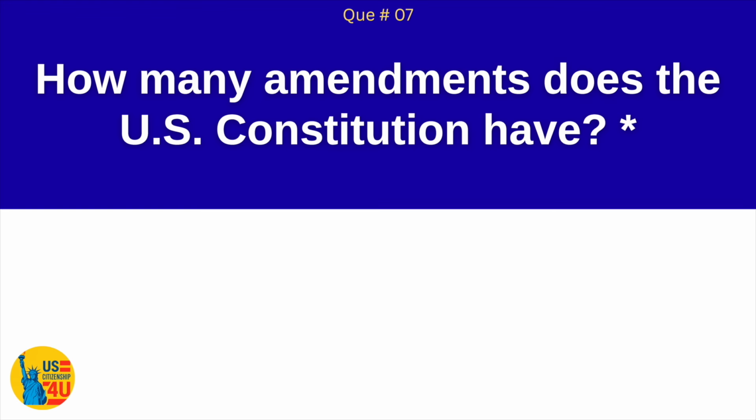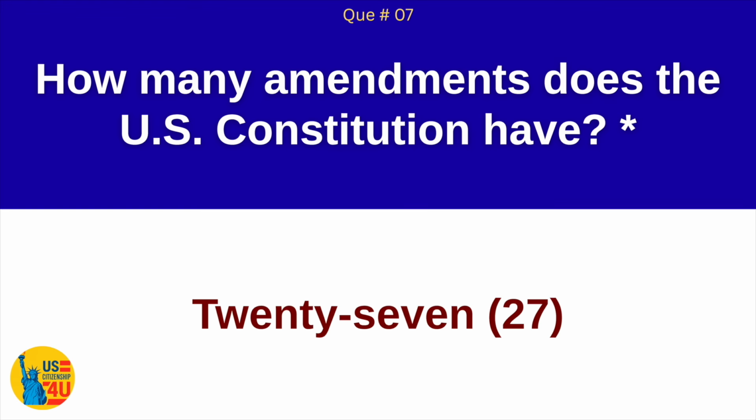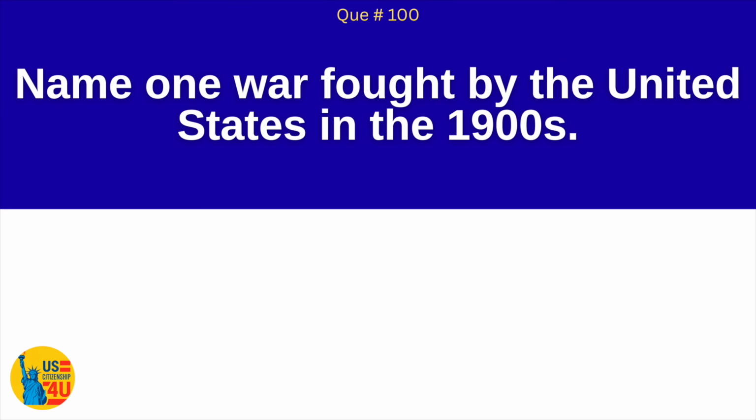How many amendments does the U.S. Constitution have? 27. Name one war fought by the United States in the 1900s. World War I.